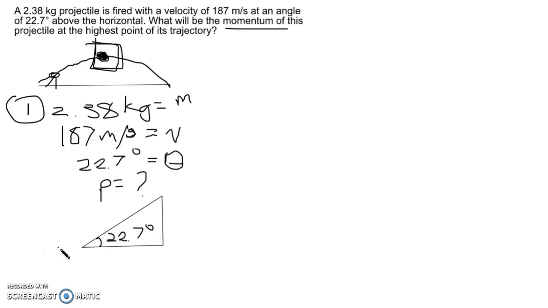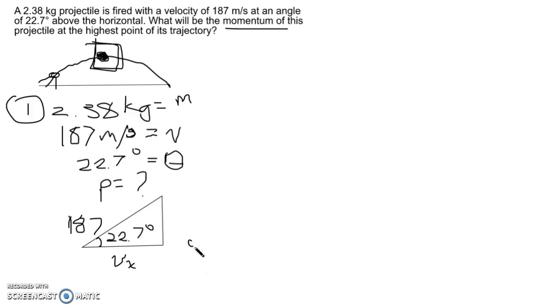So it's 22.7 degrees above the horizontal. This would be the horizontal. Okay, and its hypotenuse is 187 meters per second. So what we're searching for is this, the velocity in the x direction.